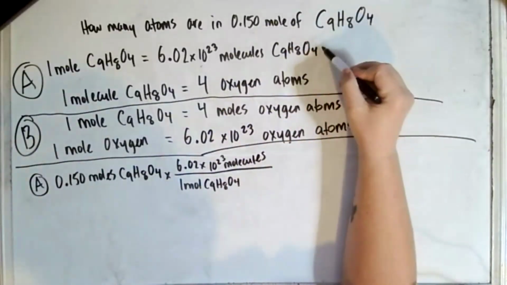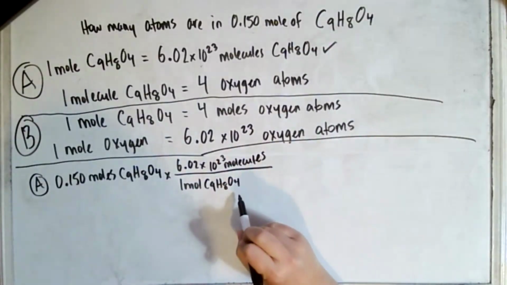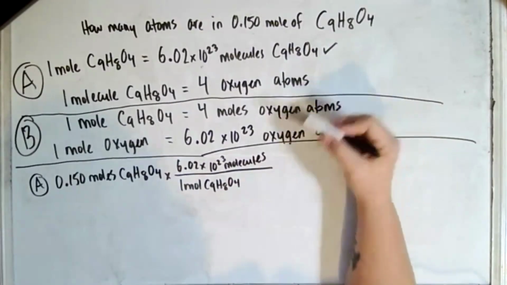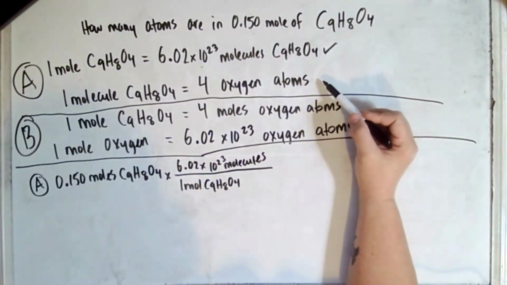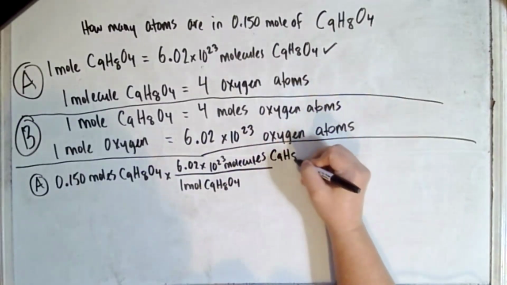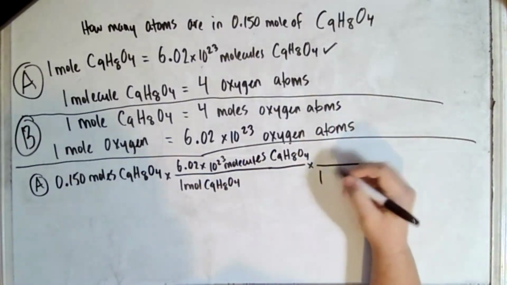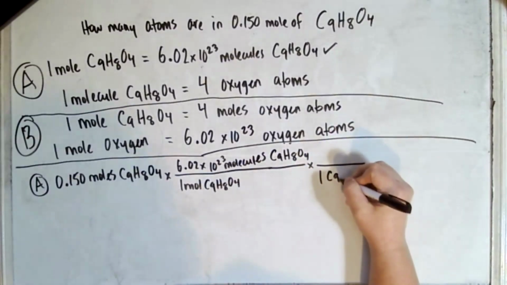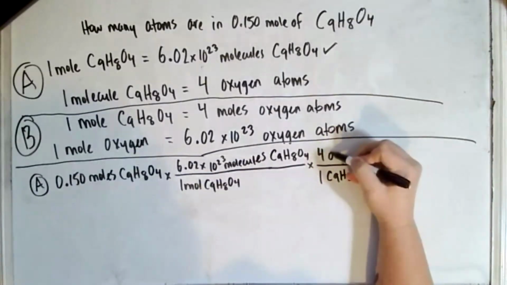So that's my first conversion factor. The second step, solving it this way, I have to go from molecules into oxygen atoms. So I'm going to have to look at my chemical formula and say, for every 1 molecule of C9H8O4, there are 4 oxygen atoms.